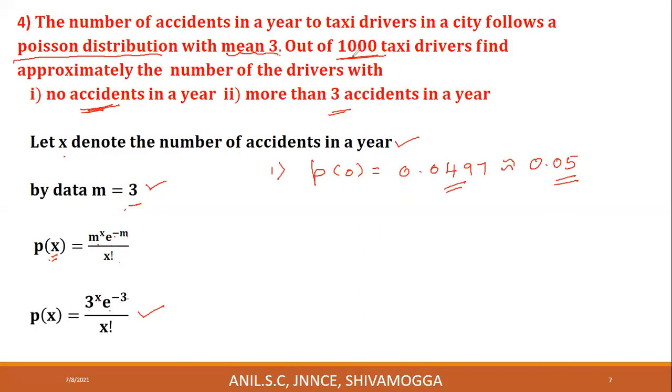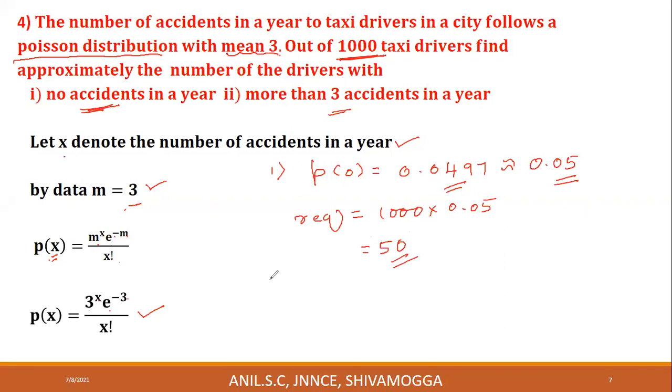How many such drivers are there? 1000 drivers are there. Therefore, required is 1000 into 0.05, which is 50. There will be 50 taxi drivers out of these 1000 taxi drivers with no accidents in a year.